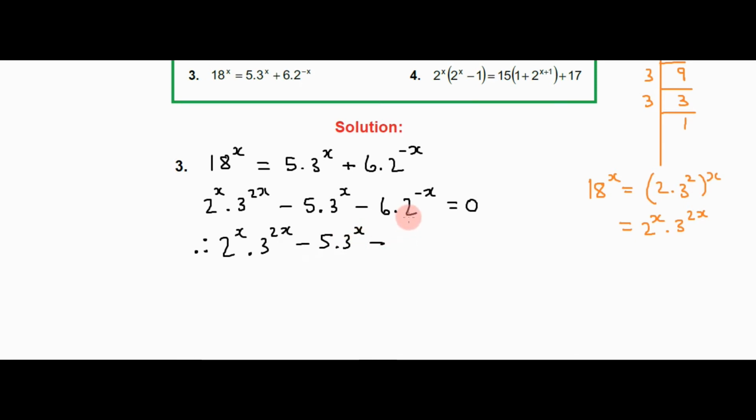We're also going to write a 2 to the negative x as part of the denominator, and the power becomes positive. Now we can multiply through by 2 to the x. So 2 to the x times 2 to the x is 2 to the 2x.